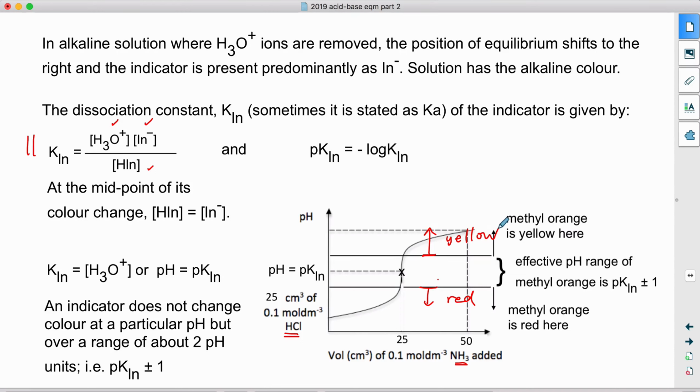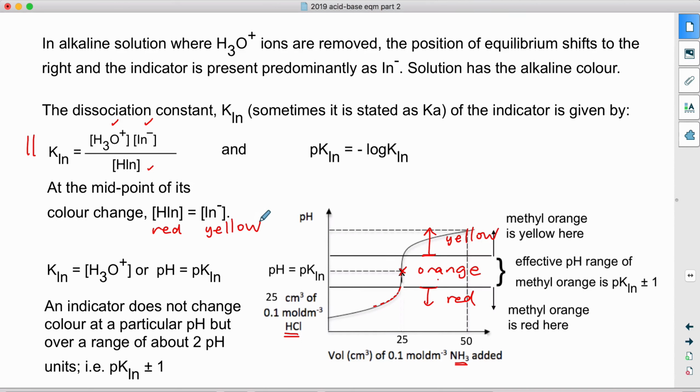At the end point of this titration, it changes from red all the way to orange, and that's where you stop. So what is present when you see an orange color? It means there must be equal amounts of HIn, which is red, and In minus, which is yellow.